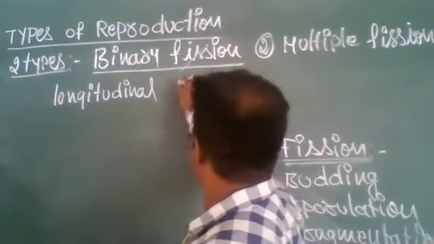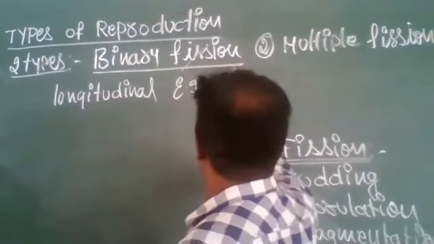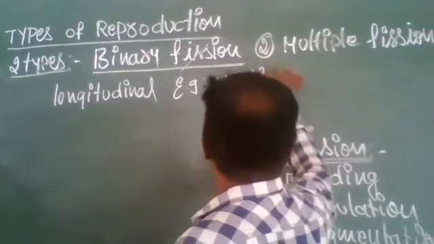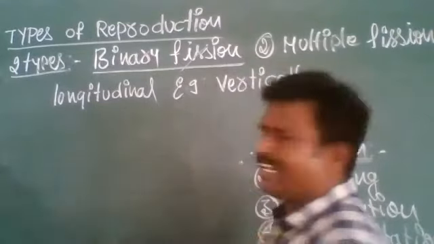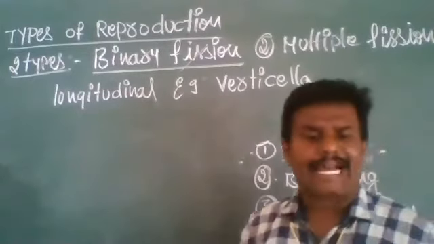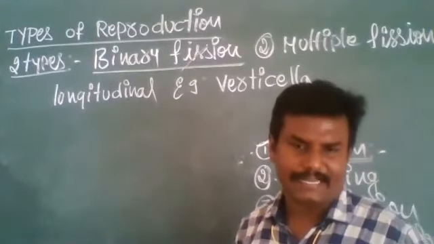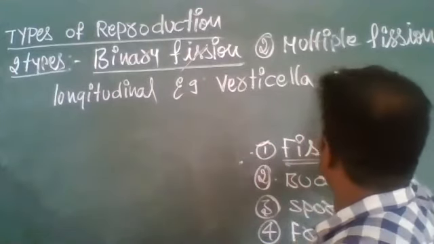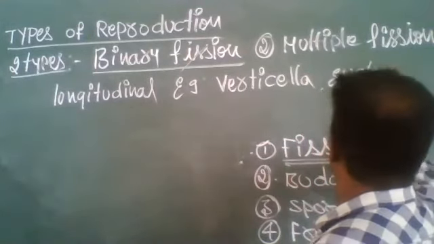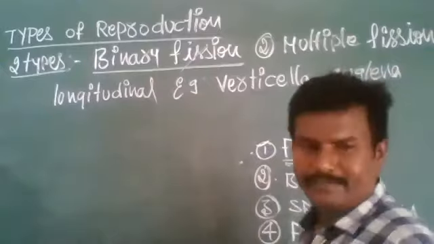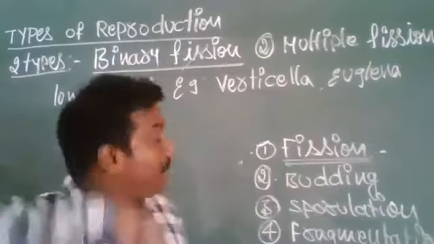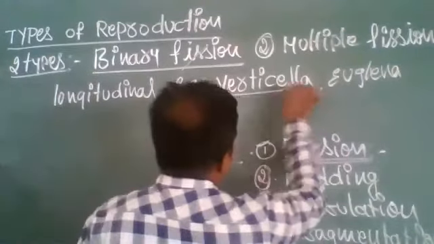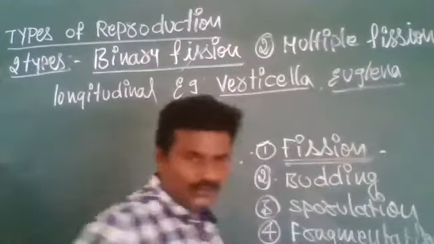Example, Vorticella. The binary fission could be longitudinal in Vorticella and Euglena.